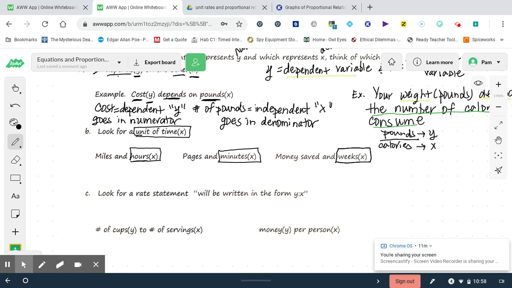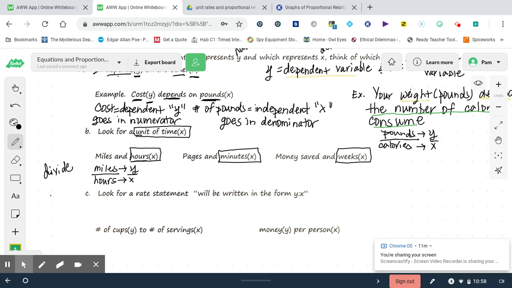So if I wanted to set this up and divide, in this particular case, miles would go in my numerator and hours would go in my denominator, because hours is associated with x, therefore miles has to be associated with y.